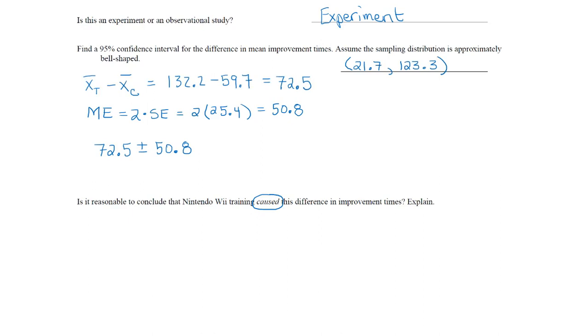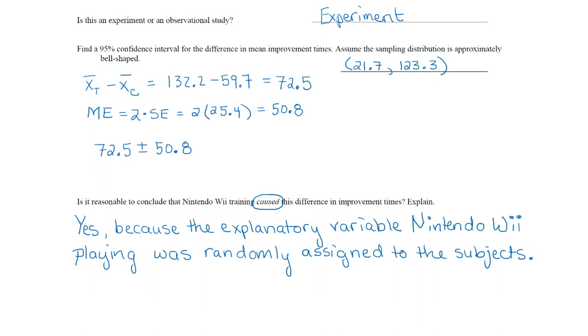If it had been the observational study that I described just a moment ago, we would have to answer no to this and back it up with something about the methodology of the study. So we want to answer yes to this and make sure we say something about the methodology of the study, in particular that the explanatory variable was randomly assigned to the subjects. That's why we can conclude causality here when we see that there is a difference.